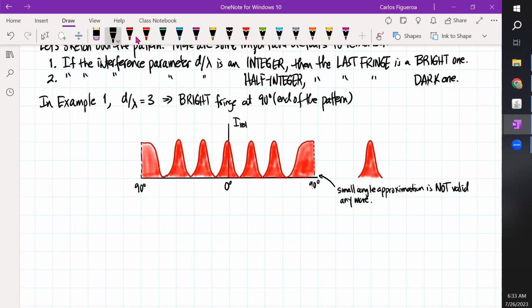This is what's called the intensity profile. Now the interference pattern is different. The way I look at the interference pattern here is that I'm going to start to draw these squares.